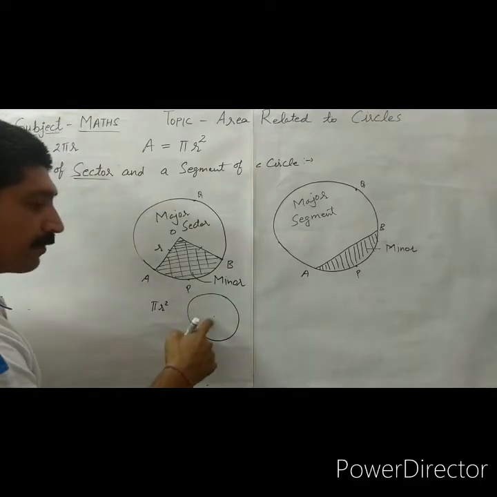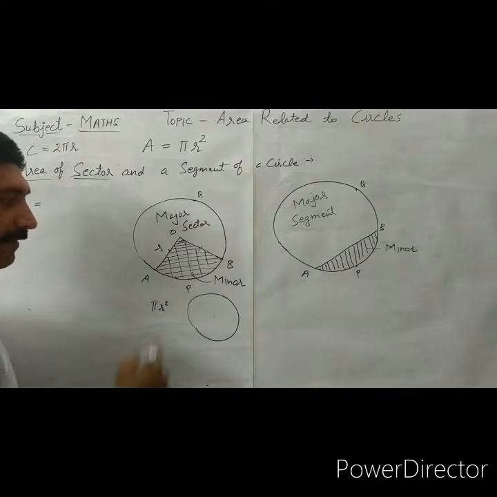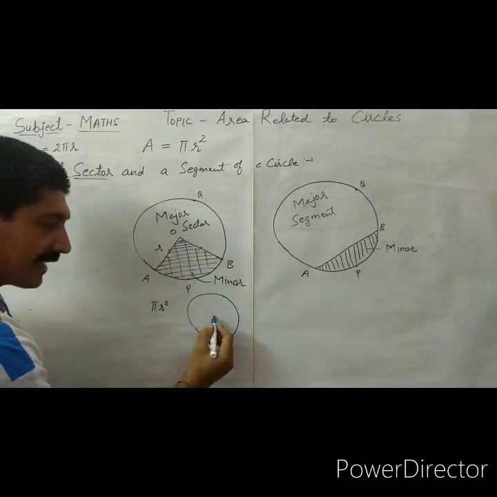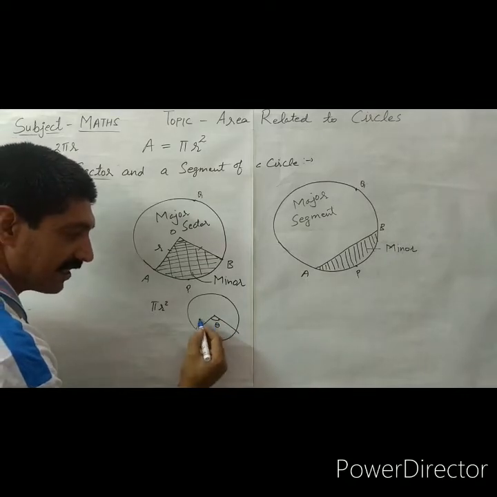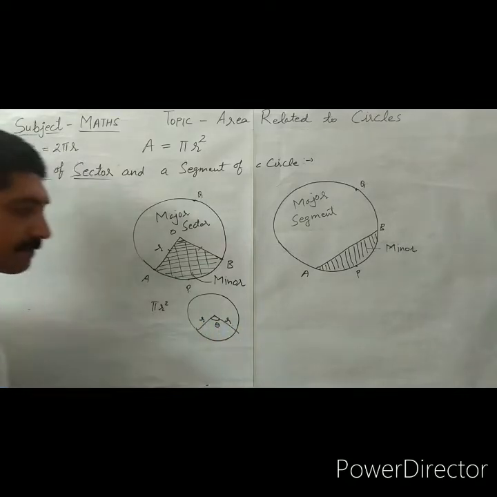So if we are going for a unitary method, if in this case the angle here is theta, let's suppose this angle is theta and r is the radius.